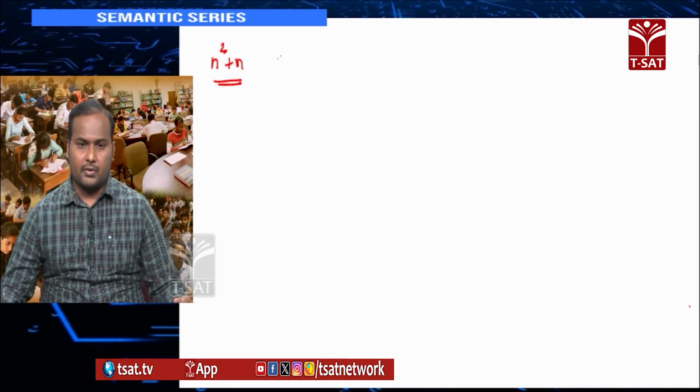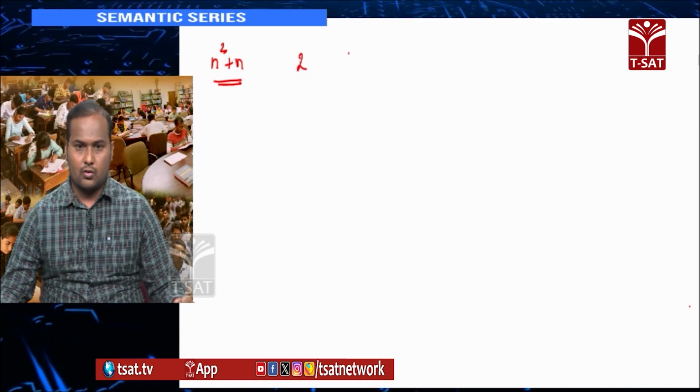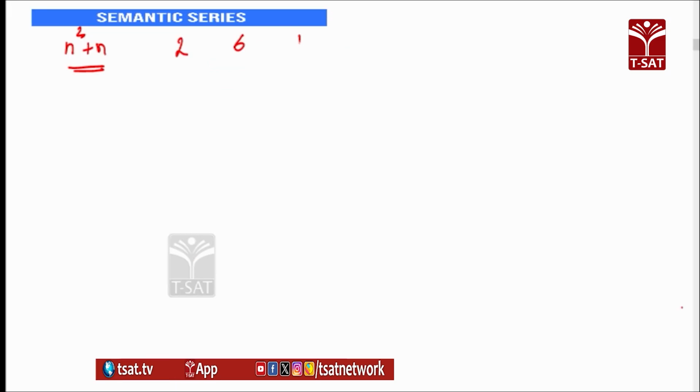See how this pattern appears: 1 square plus 1, 2 square plus 2, 3 square plus 3, 4 square plus 4, 5 square plus 5, and if it asks for the next one, that is 6 square plus 6, your answer will be 42. But what is important is that you need to identify the pattern.